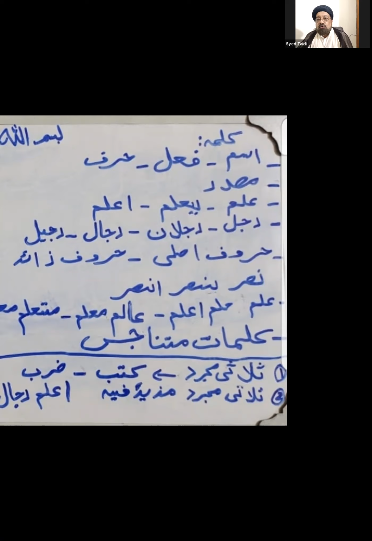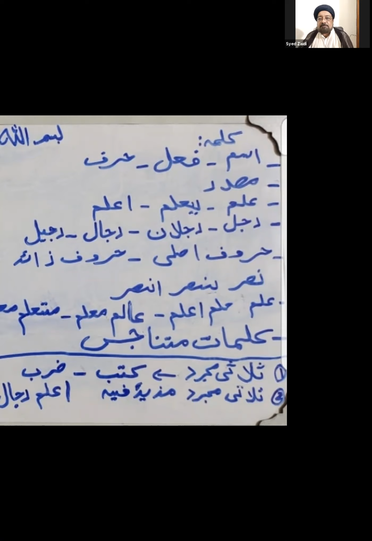Therefore, the three huruf asli in all of these words, alama, ya'lamu, i'lam, are ain, lam, and mim.